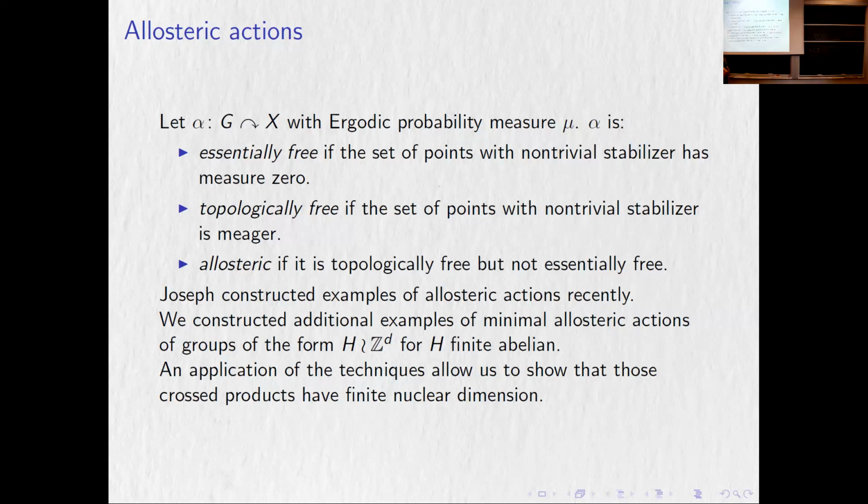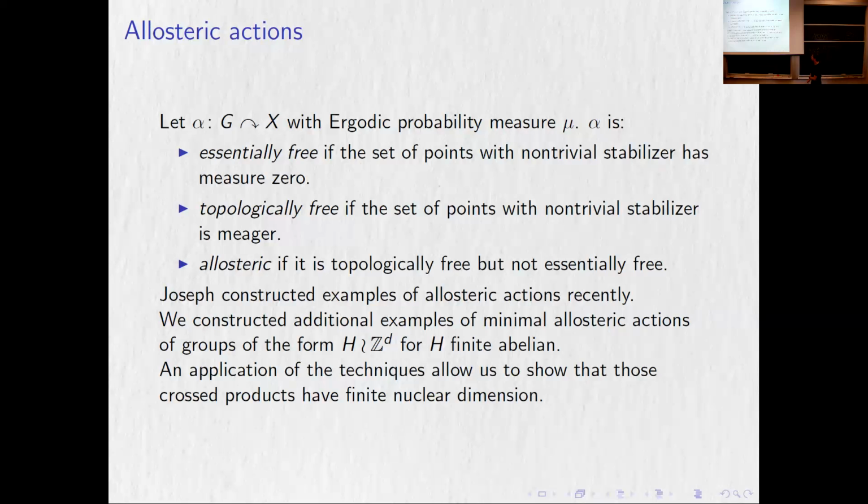So if the complement is a dense G-delta. Now, it was a question for a while whether there are examples which are topologically free but not essentially free. So they're almost free in this topological setting, but you have a set of large measure where the stabilizer is not trivial.